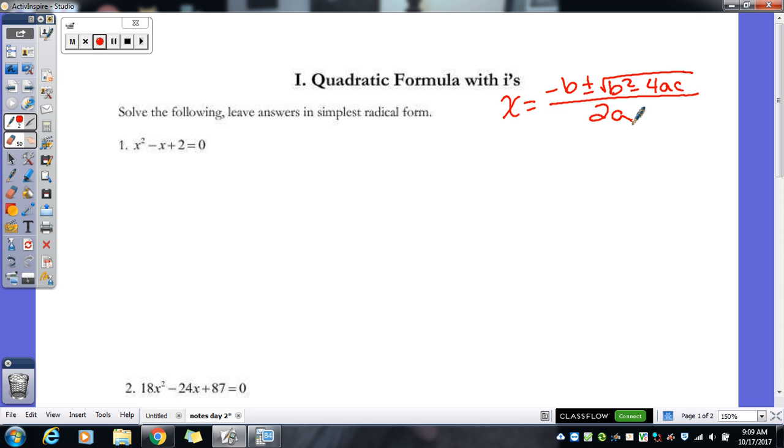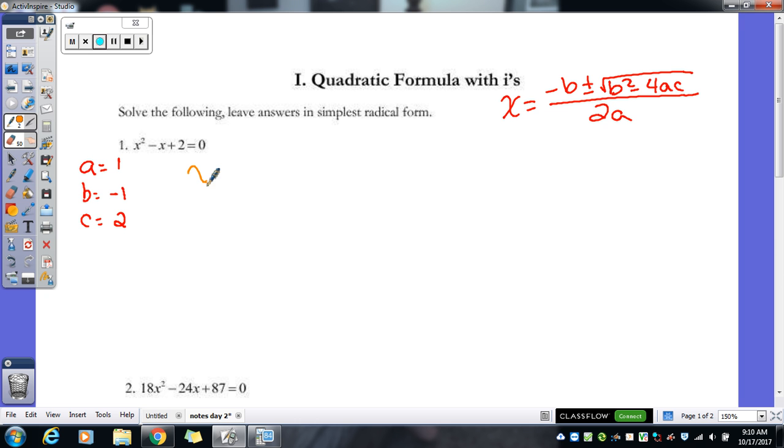So the directions tell us to solve the following, leave answers in simplest radical form. I always like to make my list over here of what my a value, my b value, and my c value are. So what is our a in this first problem? 1. Our b and our c, 2. So we're going to go ahead and plug those into our quadratic formula.